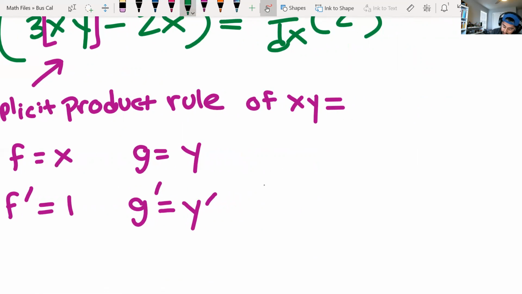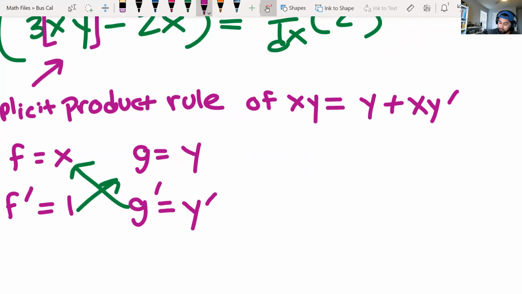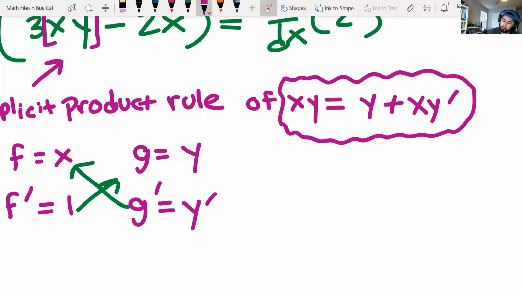If we follow this product rule, f prime g, you'll get y plus y prime x, but I like to write it better as x y prime. So save that somewhere in your notes, highlight it, whatnot. The implicit product rule of x times y is y plus xy prime.